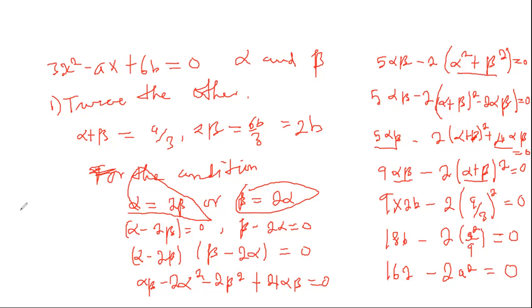Yes, we say alpha would be beta squared, or beta would be alpha squared, and then we do this process as we have done it. Okay. Yes. So can we try the one of cubed?